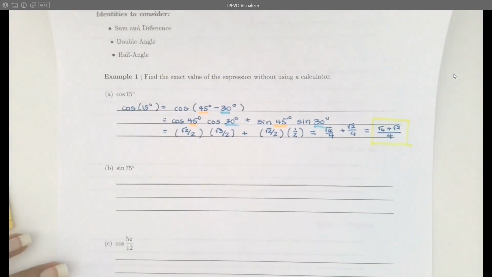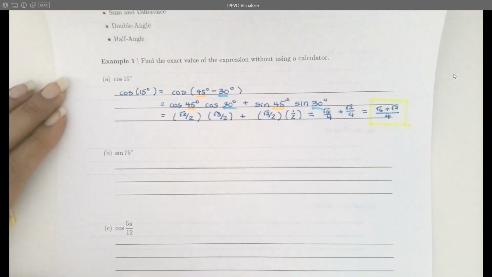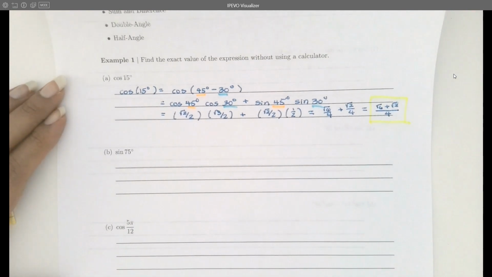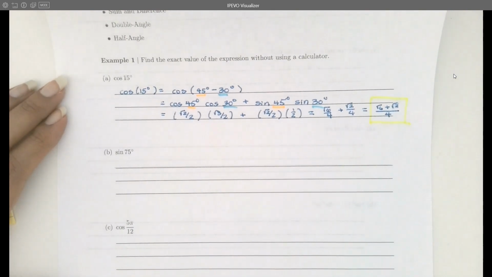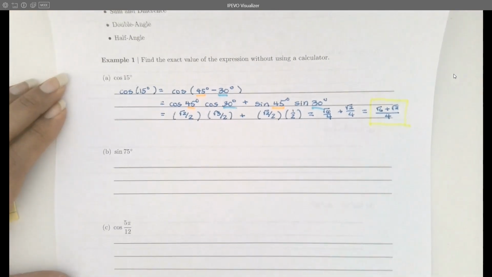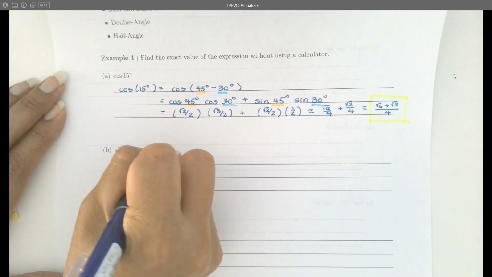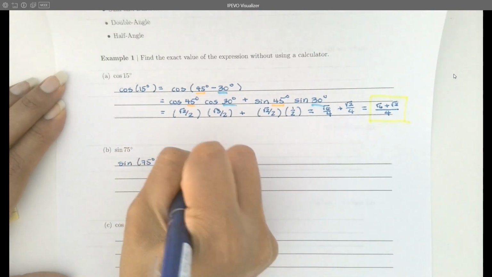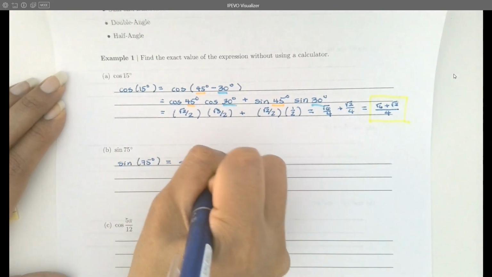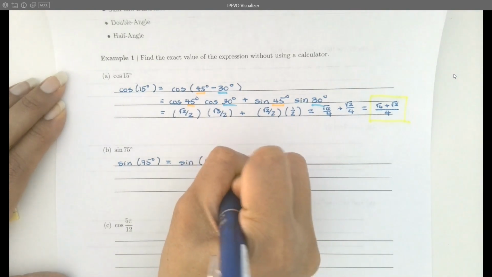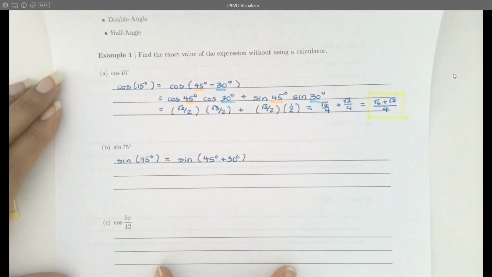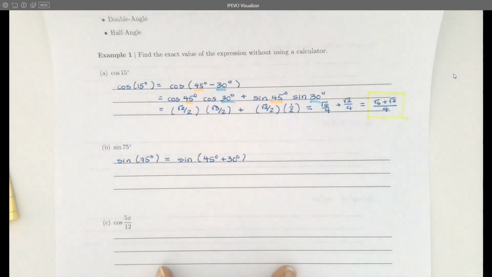Okay. If we repeat the idea with sine of 75 degrees, we're trying to write it as the sum of two angles that are on the unit circle. So one way to do it is as sine of 45 degrees plus 30 degrees, right? 45 plus 30 gives us 75.